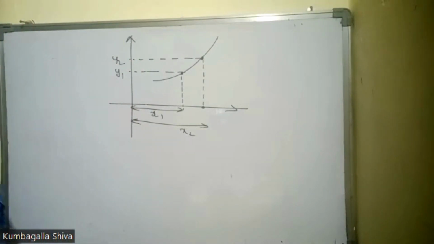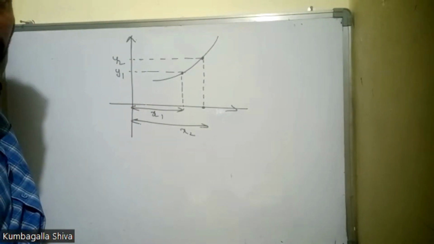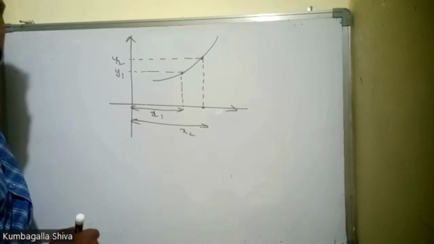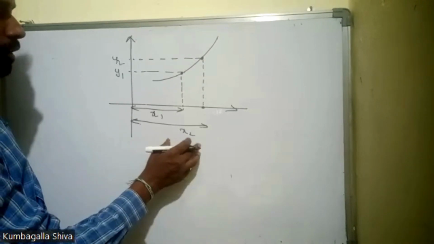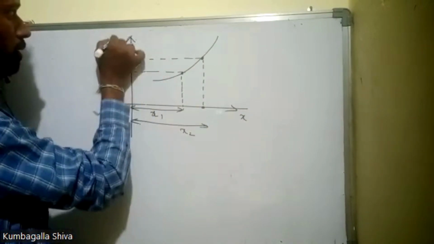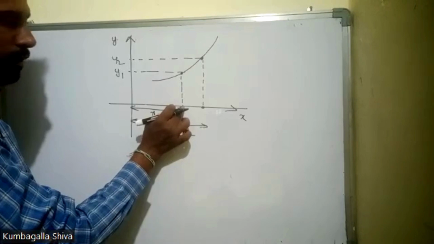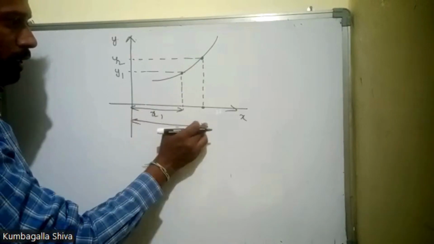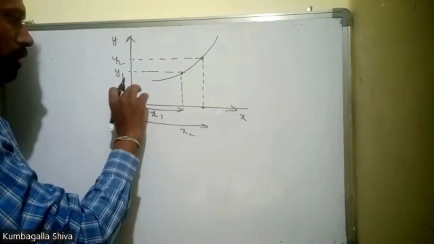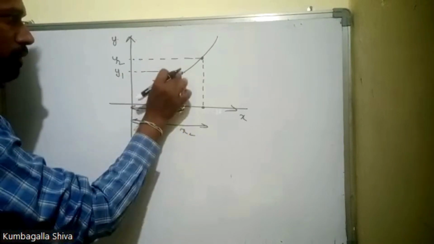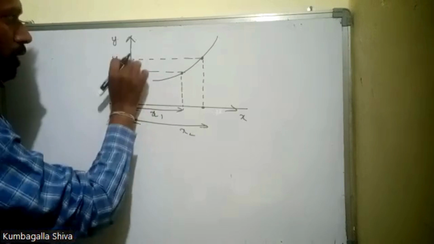So this is the graph. We are drawing the graph between the x-axis and the y-axis. From here to here the distance is x1, and from here to here the distance is x2. In the vertical direction, from here to here is y1 for x1, and from here to here is y2 for x2.